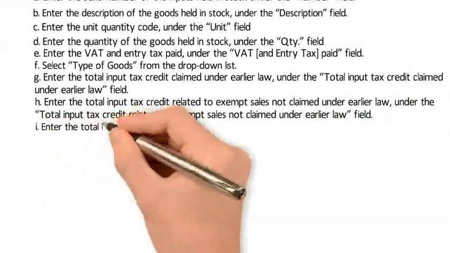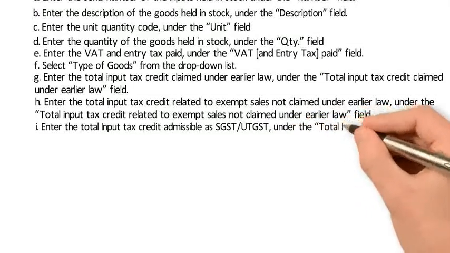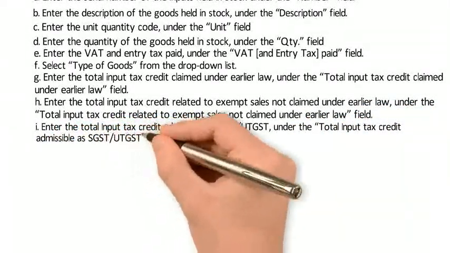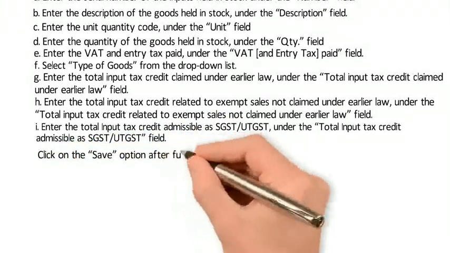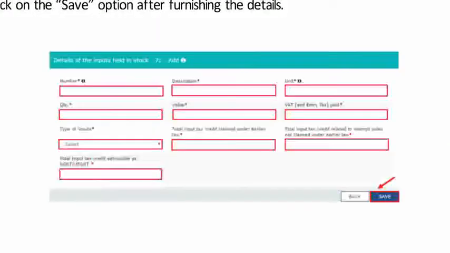I. Enter the total input tax credit admissible as SGST-UT-GST under the total input tax credit admissible as SGST-UT-GST field. Click on the Save option after furnishing the details.